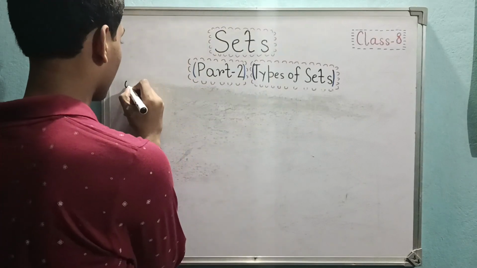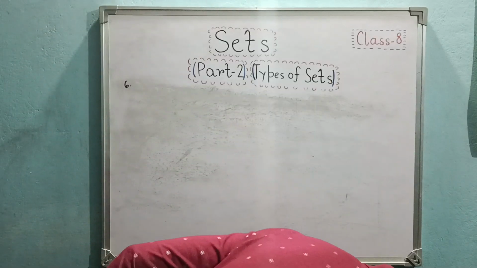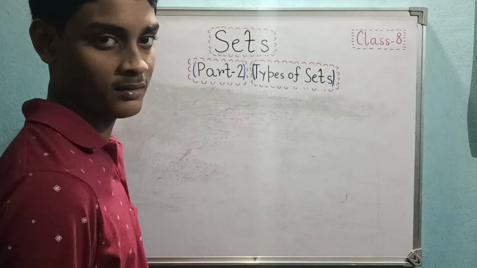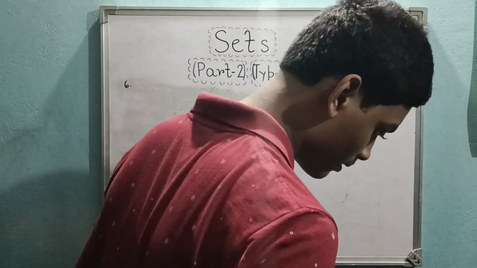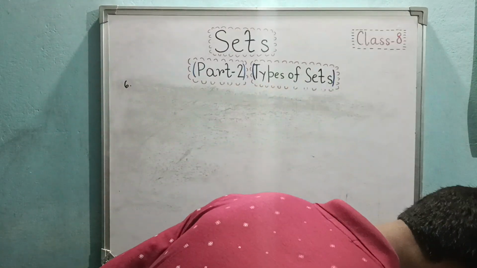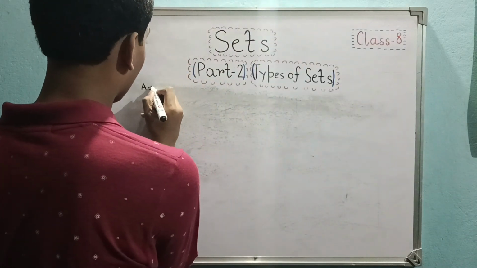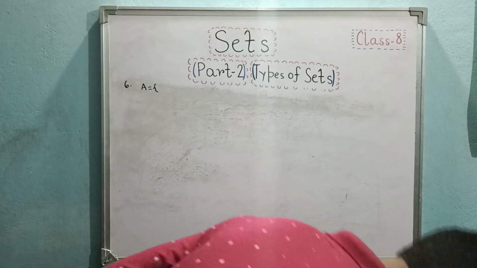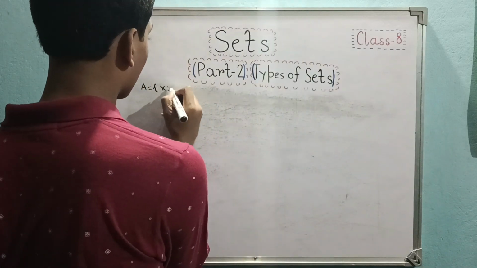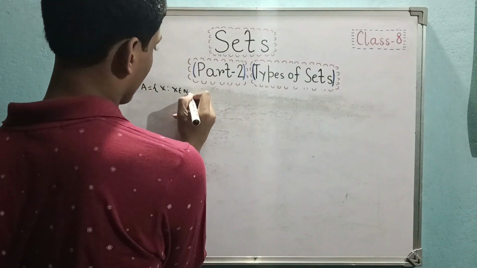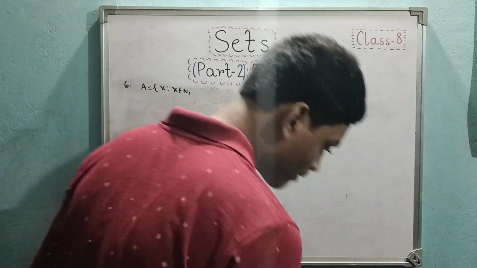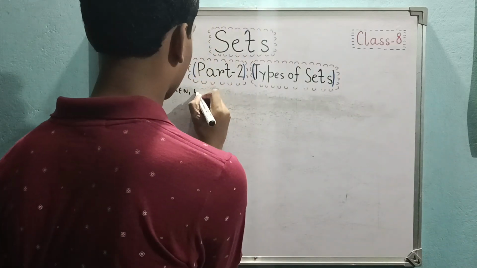Question 6. And we have come to that part which many of you might be thinking about now. What if a set has no elements? So I have a set A equal to x such that x belongs to natural numbers, 5 less than x less than 6.